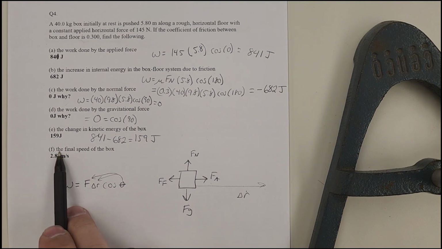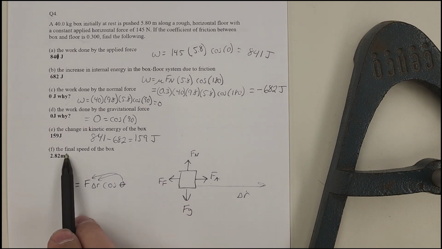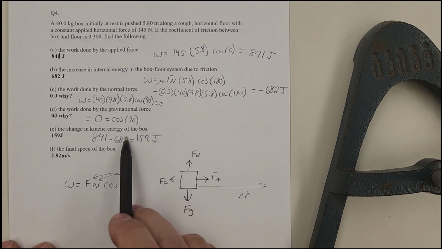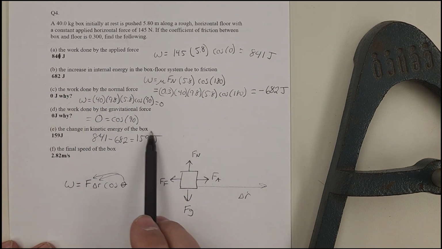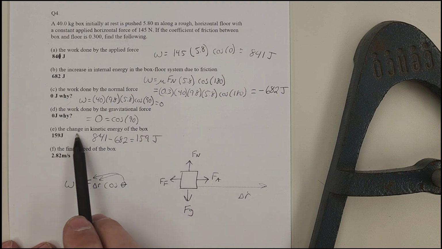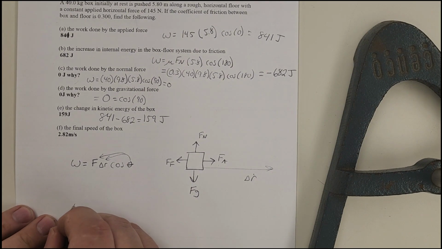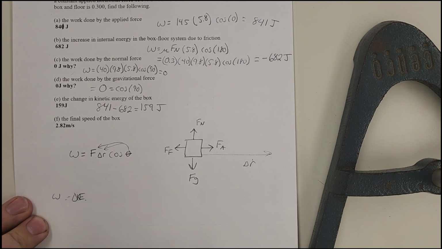So now part F, we need to figure out what the final speed of the box is. To find the final speed of the box, we have this much energy to use. Initially the box was at rest. Let's take that and put it into kinetic energy. So that's the change in the kinetic energy, which is also another form of work.